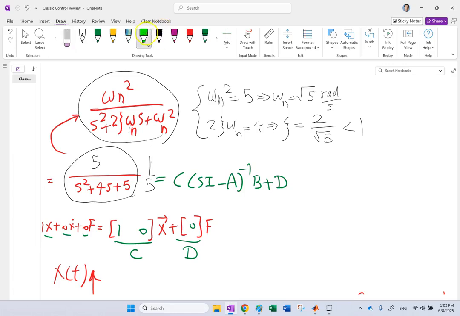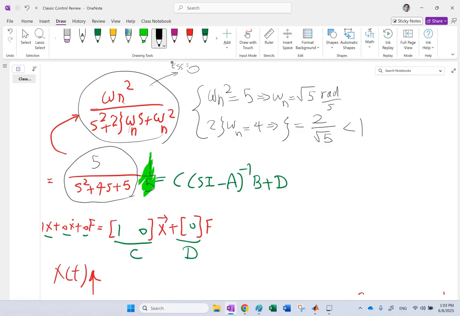And then you might say, well, what is the effect of this 1 over 5? Well, that one is the response of the standard system. If you remember, the response of the standard system to a step input is going to go to 1. So the steady state value of the output will also be 1, and the steady state error will be 0, because the output will go to 1 and the input is at 1.